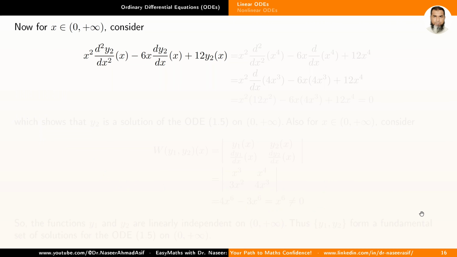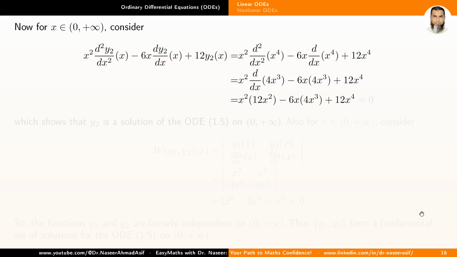Now for x belonging to the open interval 0 to plus infinity, consider x square d2y2 by dx square of x minus 6x dy2 by dx of x plus 12y2 of x, which is equal to x square into d2 by dx square of x exponent 4 minus 6x d by dx of x exponent 4 plus 12 x exponent 4, which is equal to x square d by dx of 4x cube minus 6x into 4x cube plus 12 x exponent 4, which is equal to x square into 12x square minus 6x into 4x cube plus 12 x exponent 4, which is equal to 0.